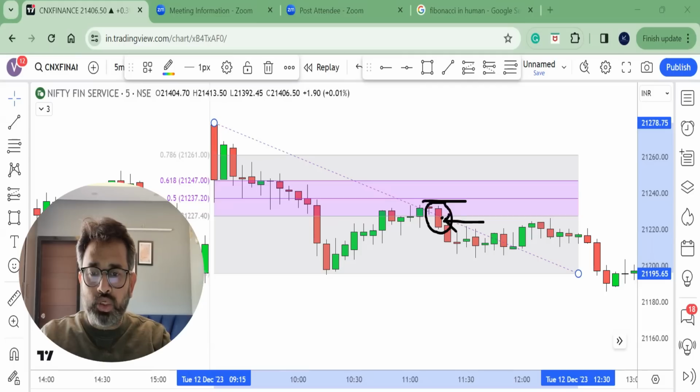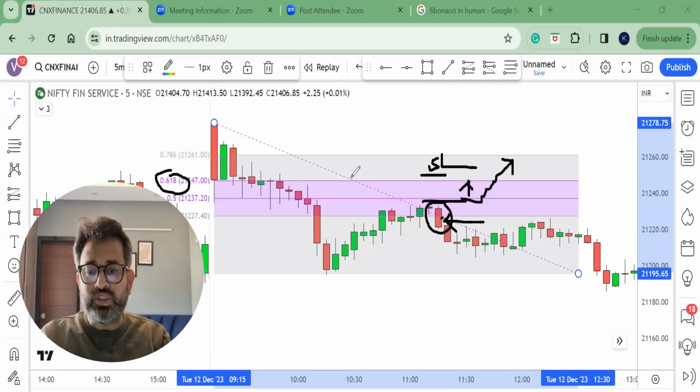In that case, your short entry is here and the stop loss is above 0.618, because if price doesn't hold this level and goes up, that means it is not a retracement, it is likely to be a reversal, right? So in that case, if the stop loss hits, take the stop loss and close the trade. Don't try to fight with the market. So that is one of the things.